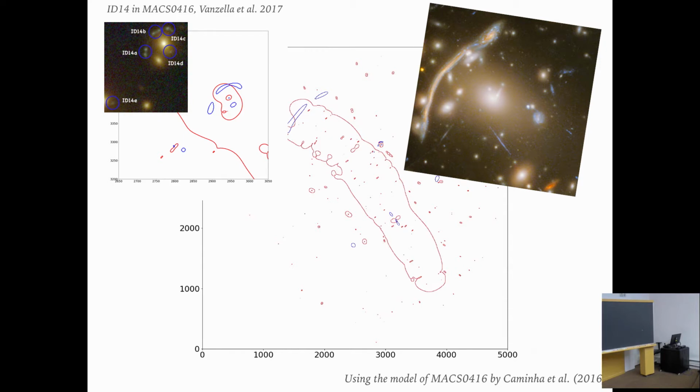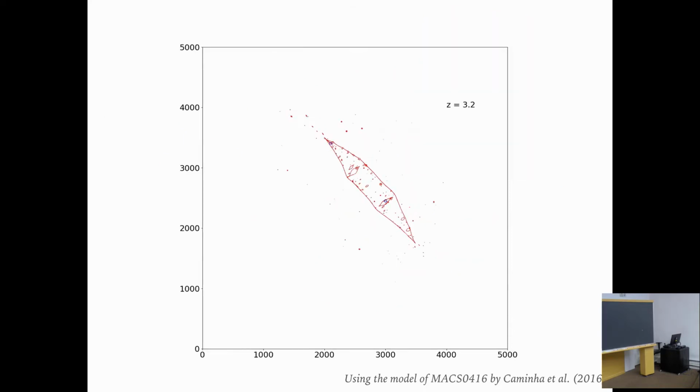Okay, so essentially now what we have discovered is that all these small critical lines that are produced by the secondary caustics that I was showing you in the beginning of the movie, essentially these caustics here, are all critical lines that surround cluster galaxies.